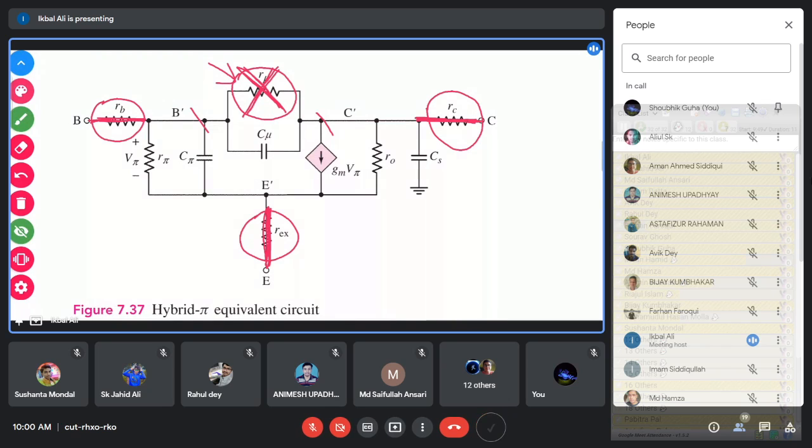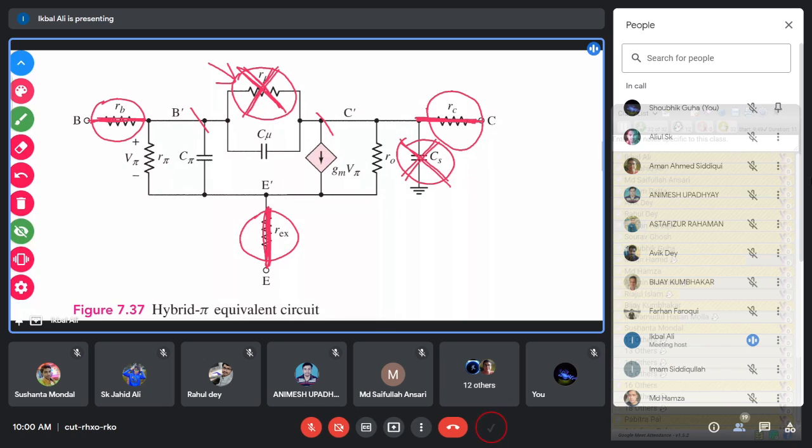The same goes for this capacitance Cs, the substrate capacitance. Between the collector and the substrate you have a junction that gives this capacitance Cs, and it is also a very low value. So the impedance of this capacitor is very high, and you can discard this one also.